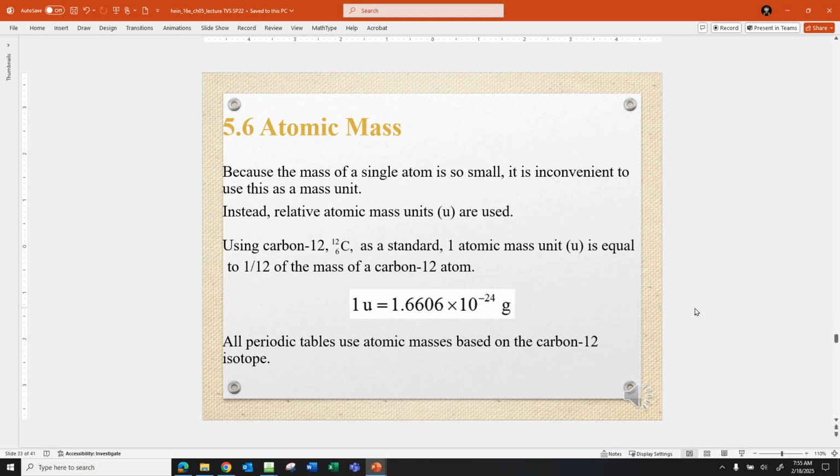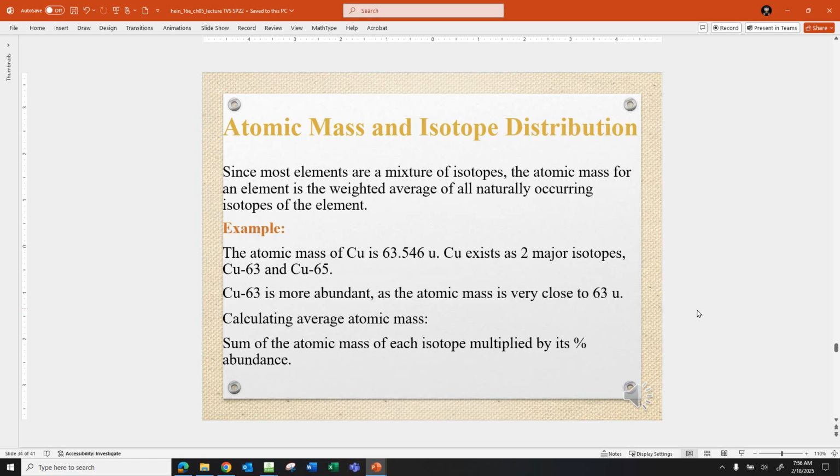Atomic mass. Atomic mass is based on carbon-12. I don't get into this too much with my students; this is more Chem 151, 152. But basically, an atomic mass unit is equal to 1/12 of the mass of carbon-12. How do we calculate isotopic distribution and AMU?